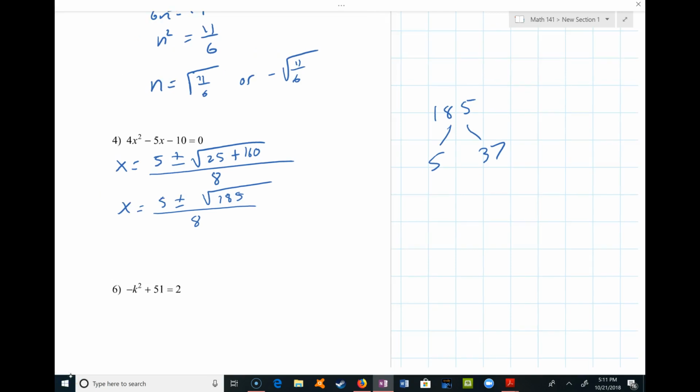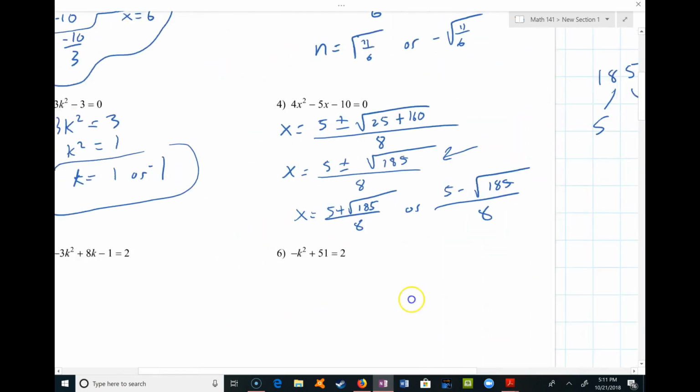So now remember, this means x equals 5 plus the square root of 185 over 8, or 5 minus the square root of 185 over 8. It's okay to write it this way, but you need to understand that it means two different answers.